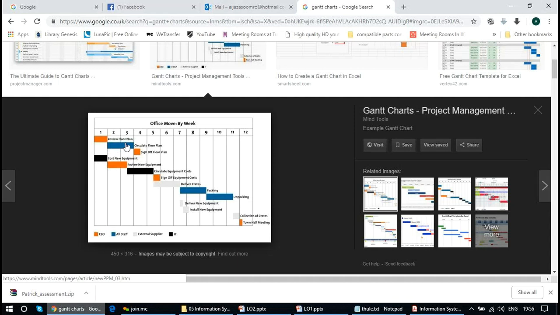From week 2 to 3, you review the floor plan, and then in week 4, you circulate the floor plan, and then in week 5, you circulate the equipment cost, and in the same week, the cost of new equipment is also there.